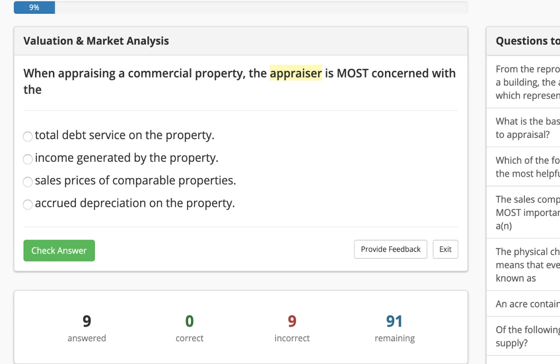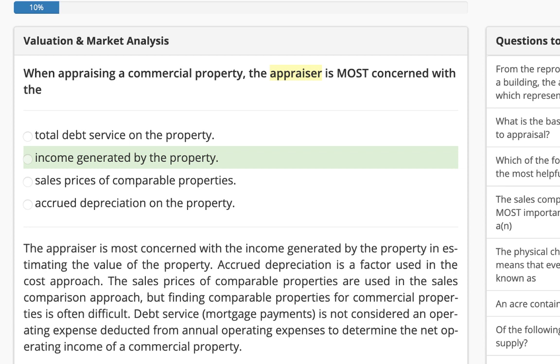So let's talk about this appraiser moving forward. When appraising a commercial property, the appraiser is most concerned with the income generated by the property. Does anybody have a good opinion on why that is? Looks like we mostly got that right. So what's a good keyword there that links this question to the answer?